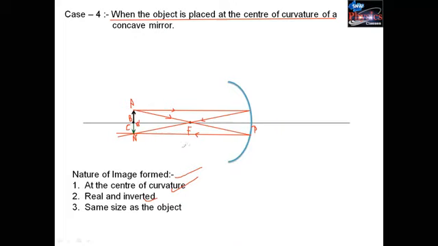Yes, obviously it is real and inverted because this image is formed in front of the mirror. And the third nature is that it is exactly the same size as the object. It is equal to the size of the object. This is the fourth case, when the object is placed at the center of curvature.